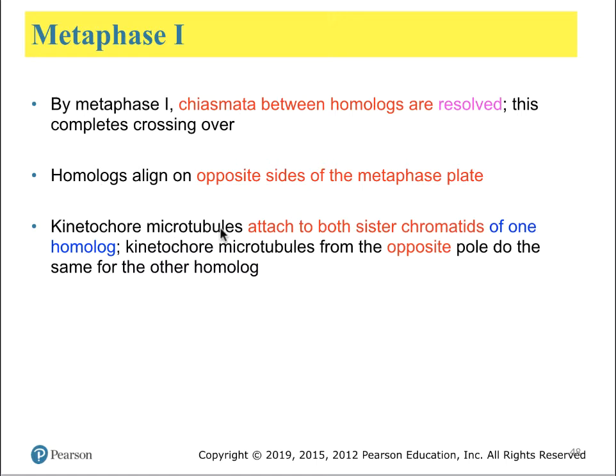The kinetochore microtubules, which are attached to both sister chromatids of one homolog, point in one direction, and the microtubules at the kinetochore of the other homologous chromosome and its sister chromatids attach to the opposite pole, so that chromosomes are pulled away from their homologs.